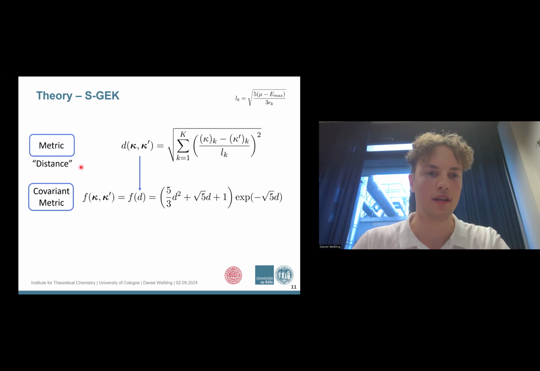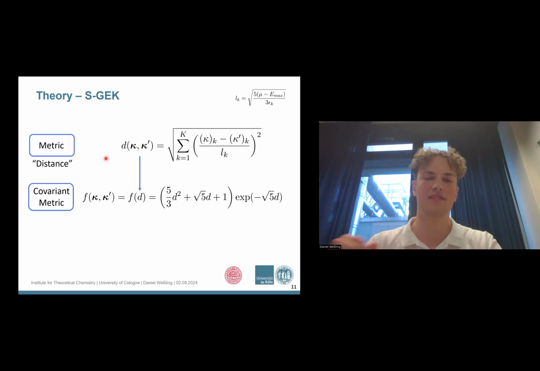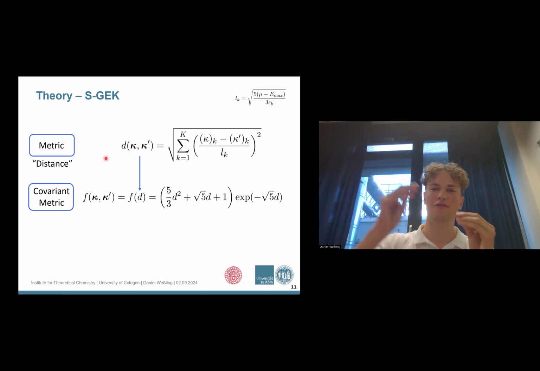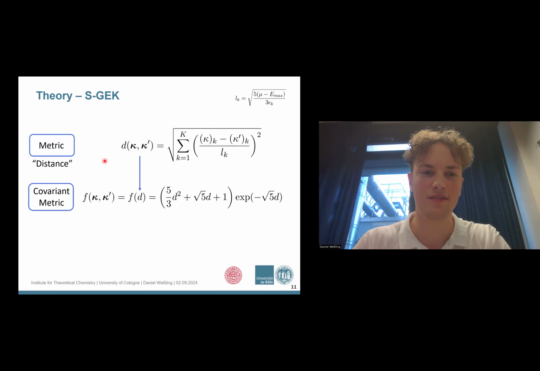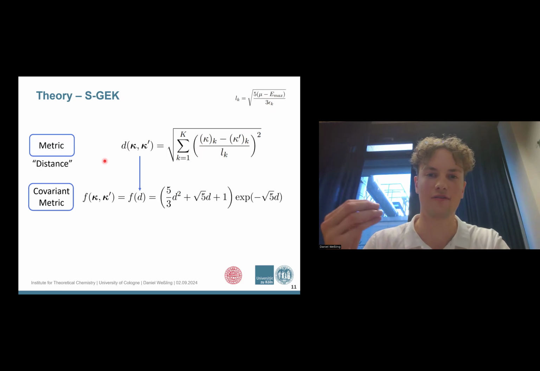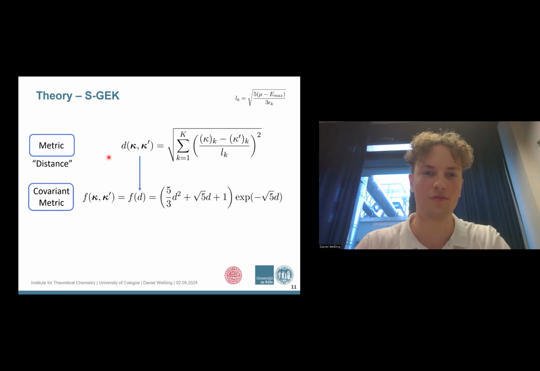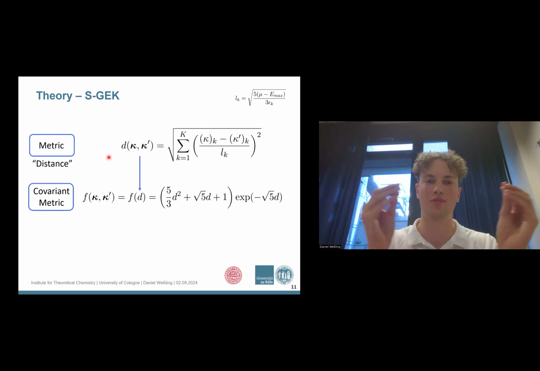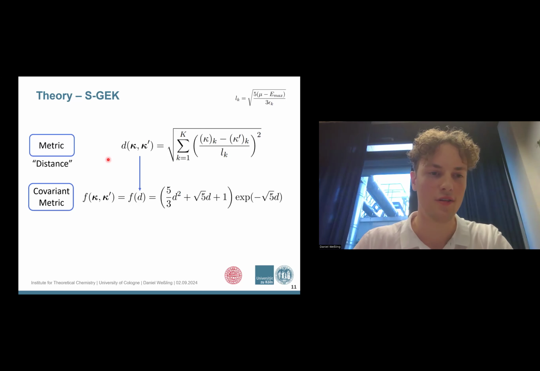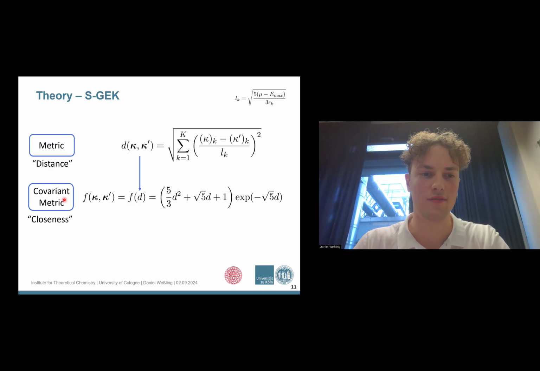Okay, now we have a metric, but it's really just a number for how far away something is. But to actually evaluate how far it is, or to define what it really means that the points are close, we have a covariant part here with the covariant metric, and I would describe it as the closeness.